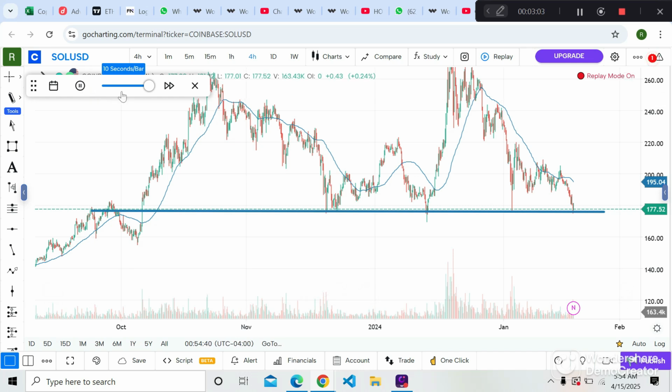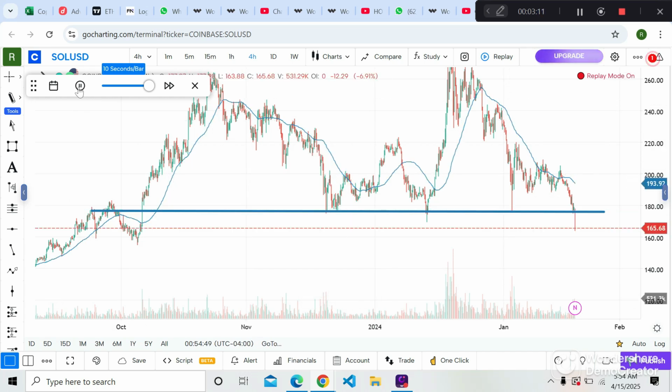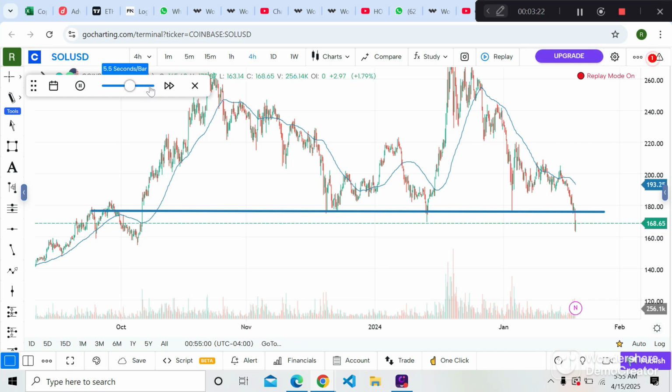It's going to let you backtest this, and I took this data back to 2025 just to show us what a break and retest setup could look like.